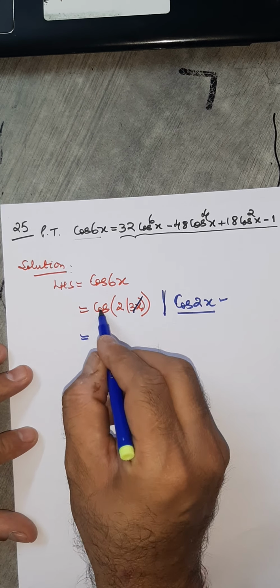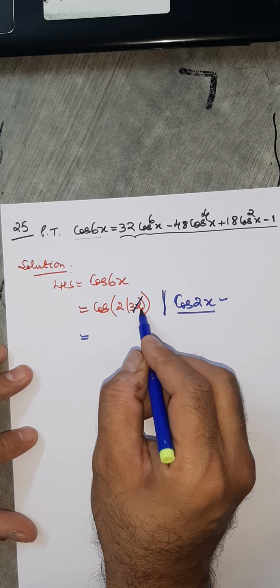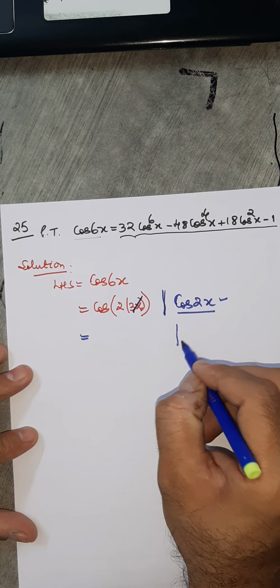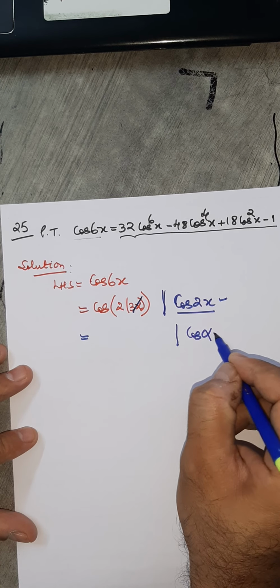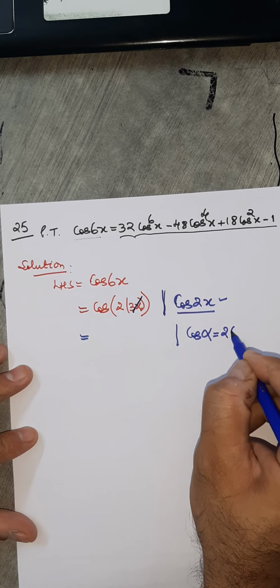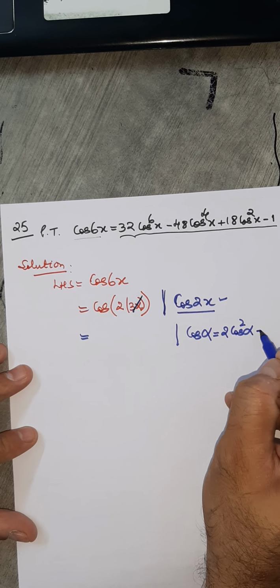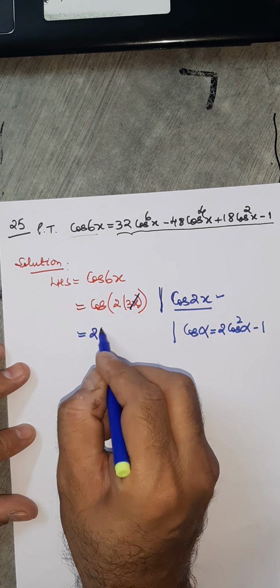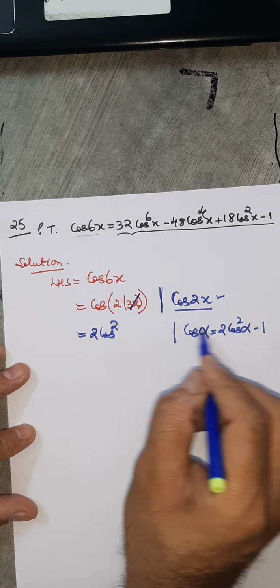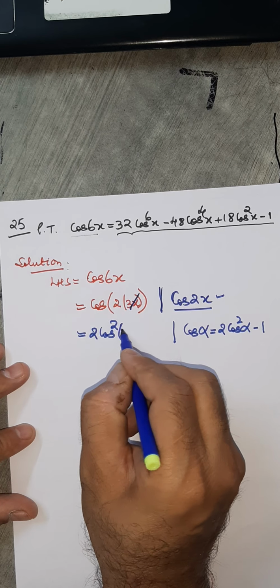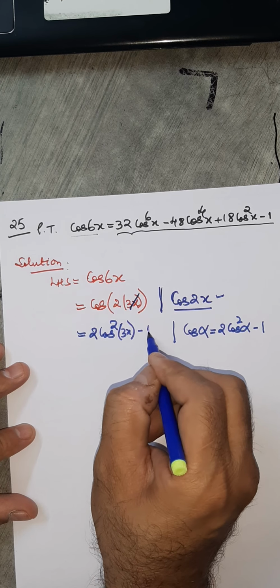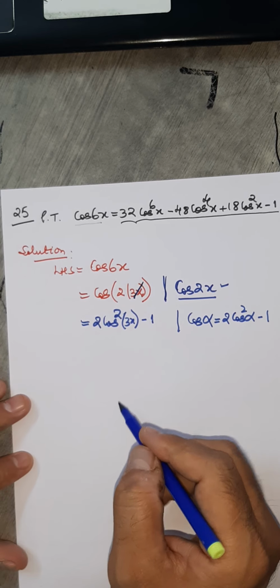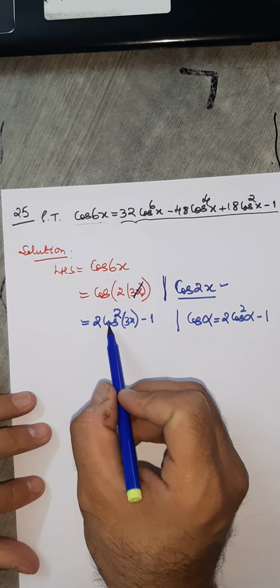Now the formula of cos 2x in terms of the cos function, if you remember, is cos alpha equals 2 cos squared alpha minus 1. So I'm using this: twice cos squared, where alpha means 3x, minus 1. I hope this is clear to you.